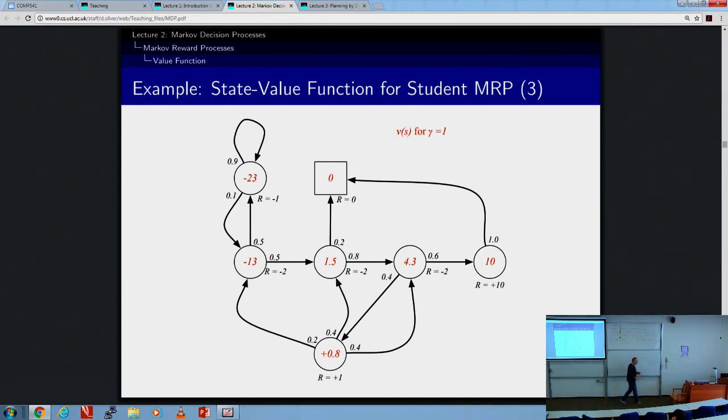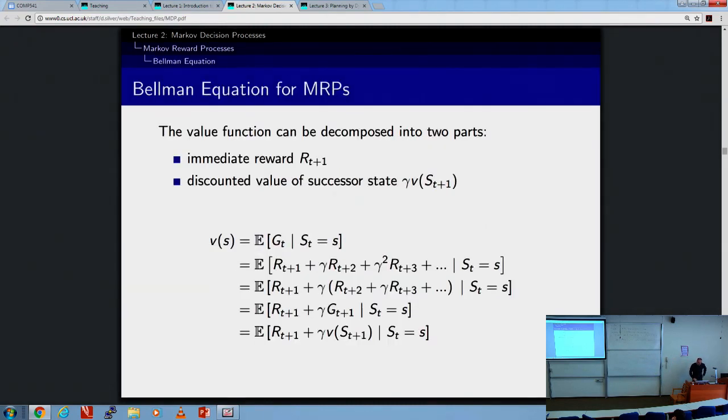Well, some smart guy named Bellman said the way to solve this is by creating an equation bearing my name. So we have a Bellman equation, and Bellman said the solution should have this particular property. We know from the definition that the value of a state is the expected future rewards, expected G_t.